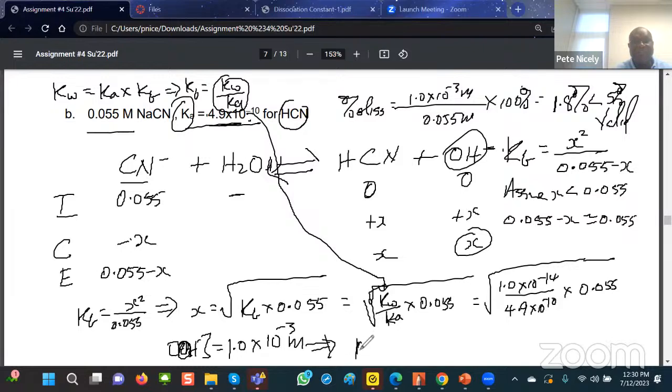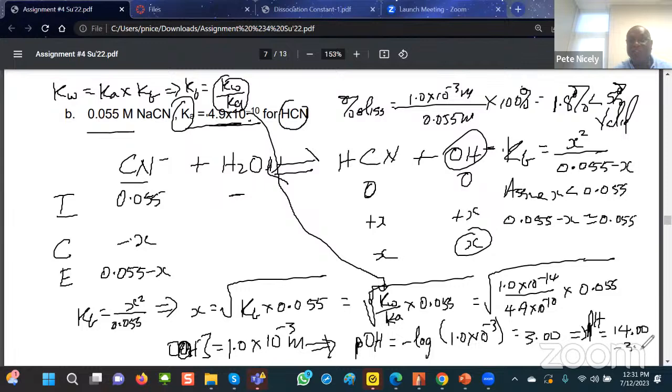The pOH is equal to minus log of 1.0 times 10 to the minus 3, which works out to be equal to 3.00, which means that the pH, which is what the question is asking for, is equal to 14.00 minus 3.00, works out to be equal to 11.00. And that's basically how that is done.